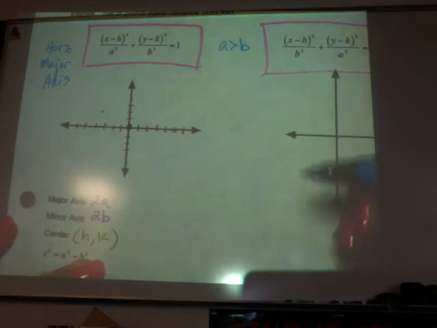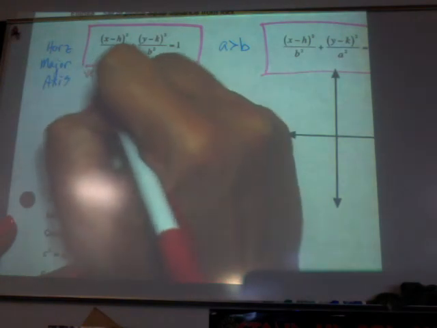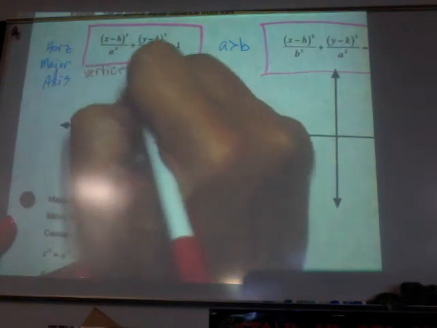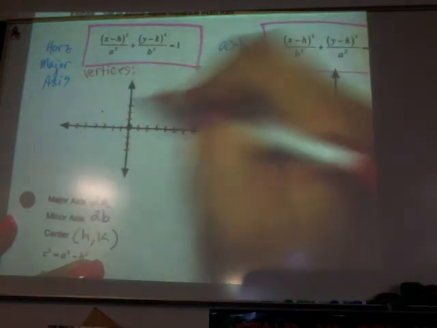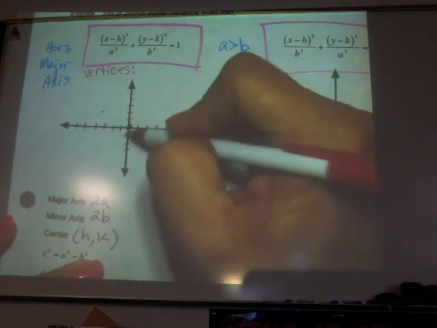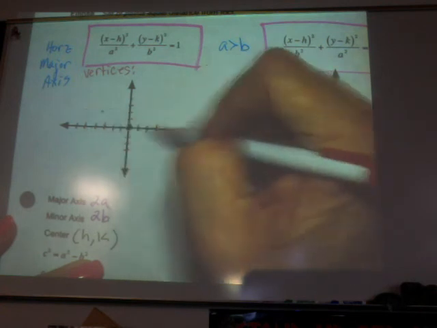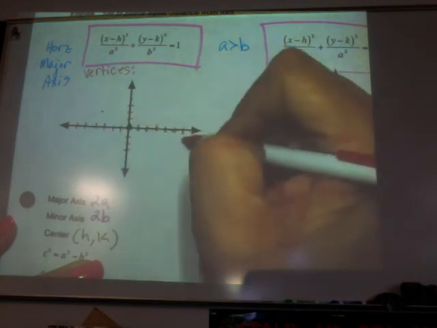So when they ask for vertices, I don't ever use this to find them, but here's the formula if you want them for vertices. For this particular formula, vertices are going to be going along the x-axis. So from the center, won't the x value of the center change to get to this left vertex and to get to this right vertex?